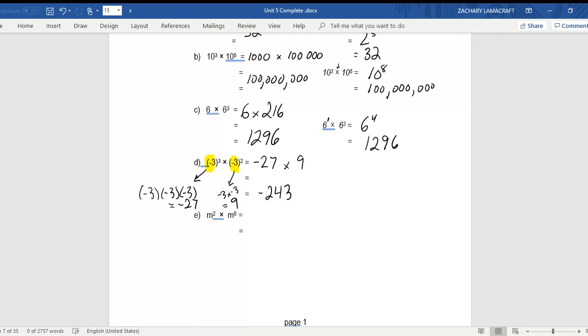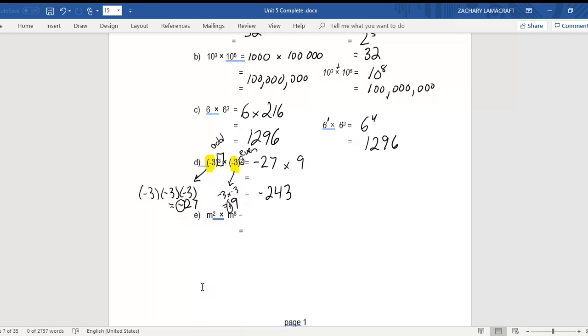And negative 27 times 9 would be negative 243. Now you'll also realize when we have a negative number and we're doing the exponents, if this number is odd, we will end up with a negative number. If this number is even, we will end up with a positive number. And that just comes back to our integer laws that we did before.